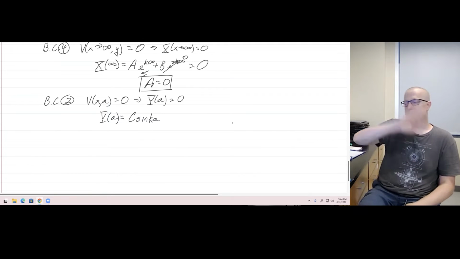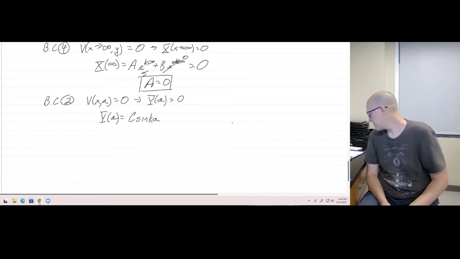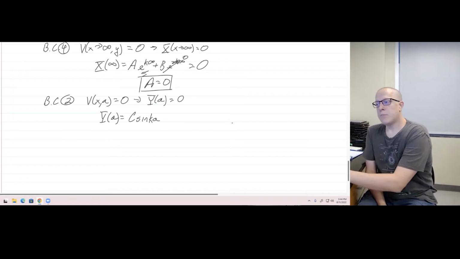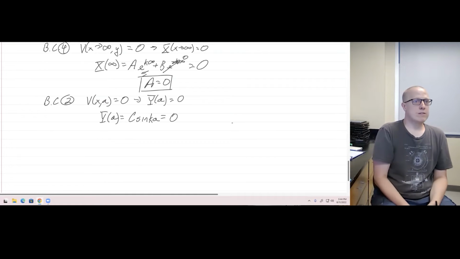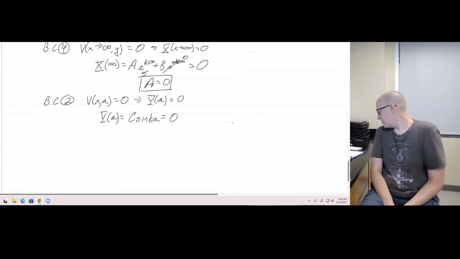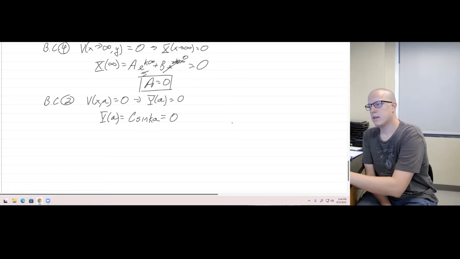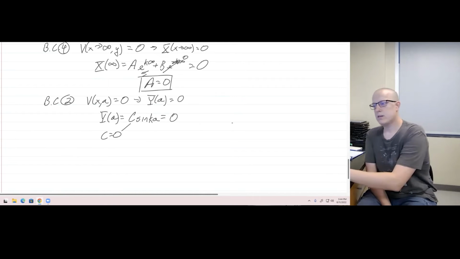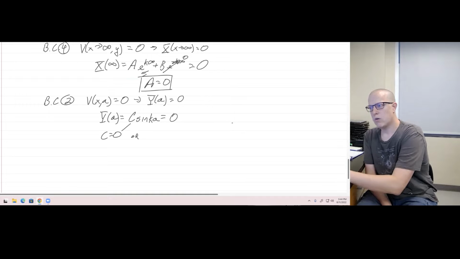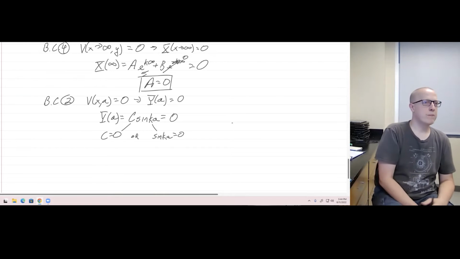So that cosine term is gone away forever. And our boundary condition says that that has to be 0. And so there are two options here. Either c is 0 or sine ka is 0, right?